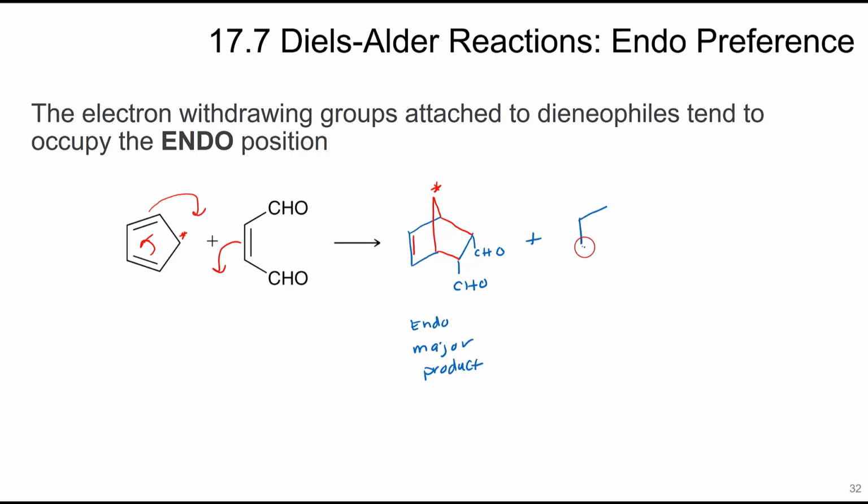The other product that could theoretically form is the exo. Bridgehead is still up here. But now the aldehydes are sticking up. This is the exo product. This is minor. That's the exo minor product.